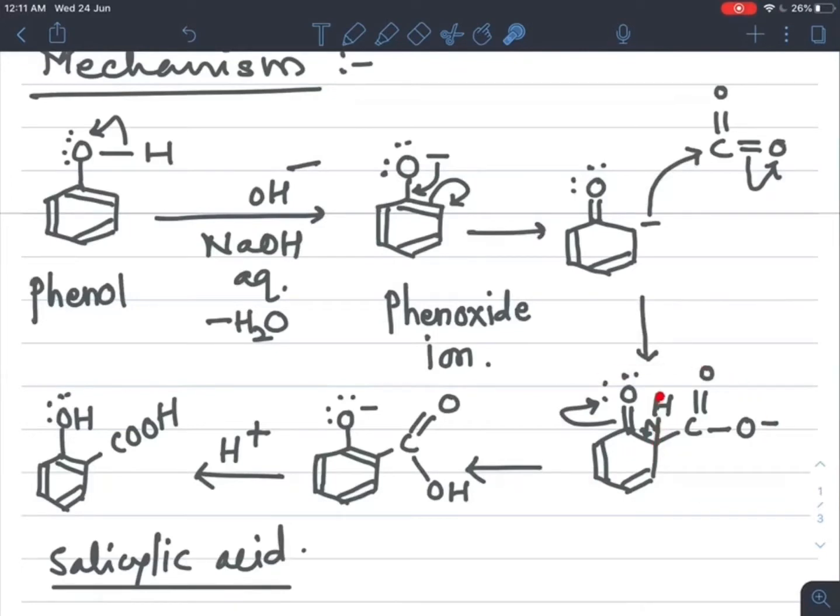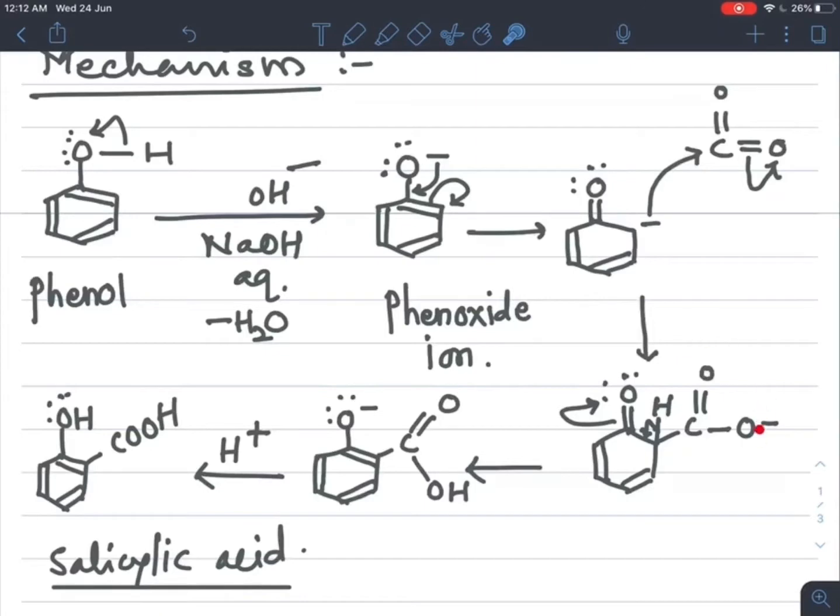Now at this ortho position hydrogen is already there. This hydrogen breaks this bond heterolytically to maintain the aromaticity of this benzene ring, and H plus is formed, and this H plus forms a bond with this oxygen by using its lone pair of electrons.